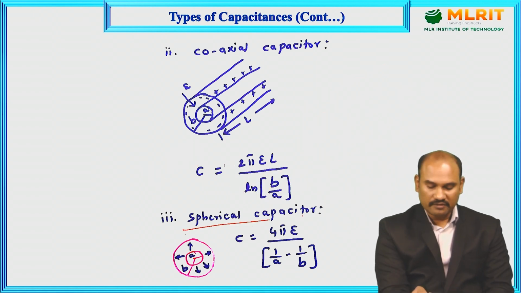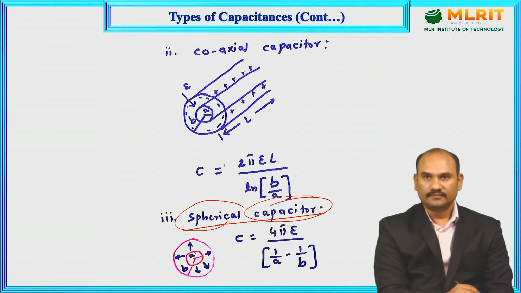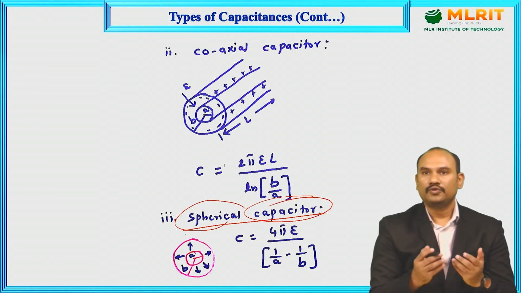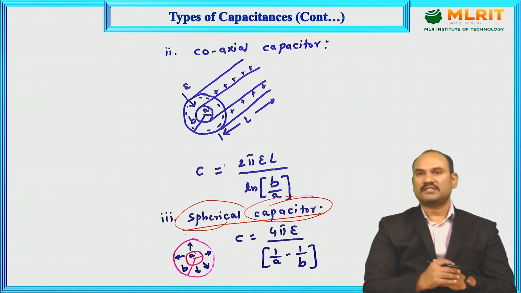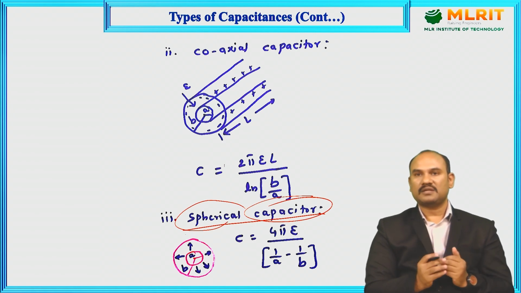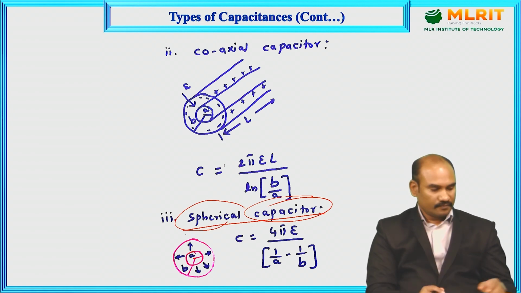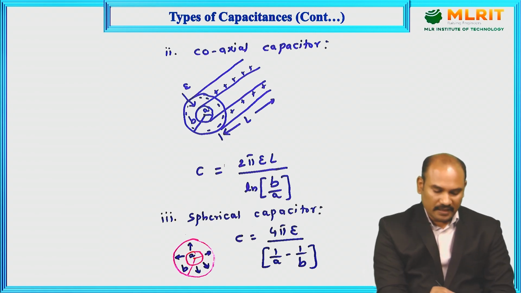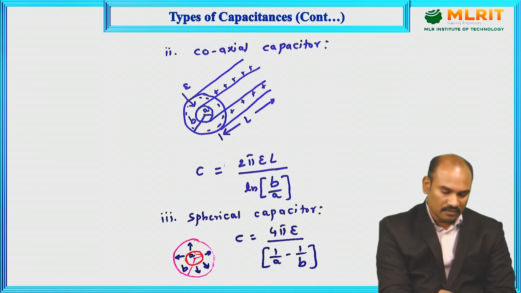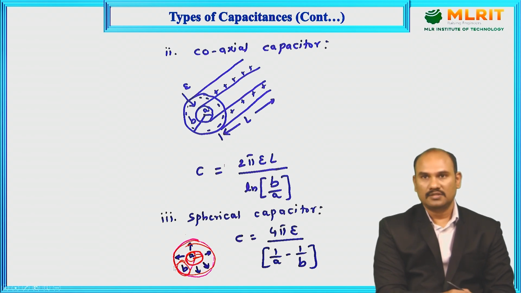Next, the last and final one, the third one, is the spherical capacitor. As the name suggests, you have two spheres. Parallel plate capacitor means you have two plates. Spherical capacitor means you have two spheres. You can see here, inner sphere, outer sphere. The radius of the inner sphere is A, the radius of the outer sphere is B, similar to the previous case.